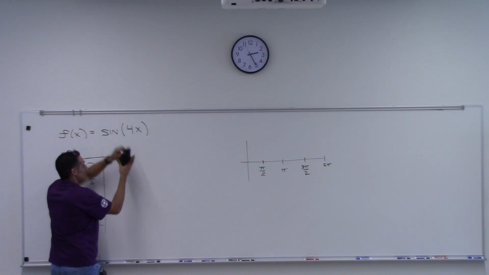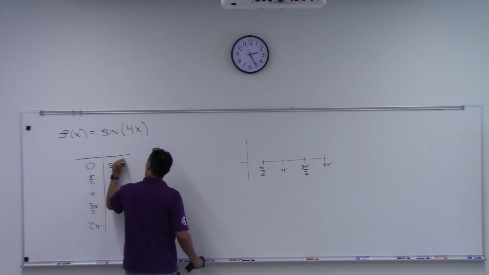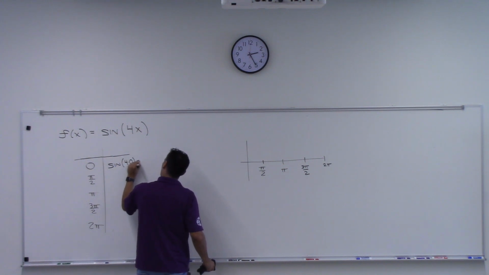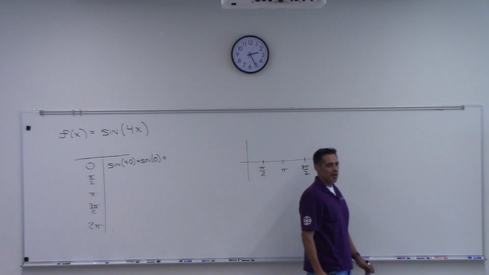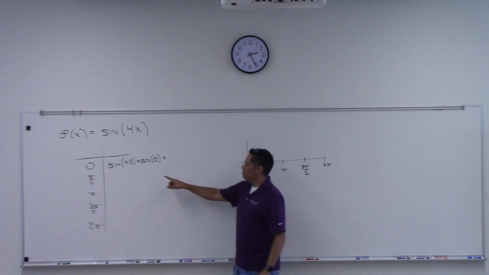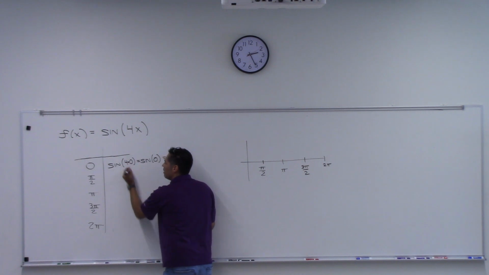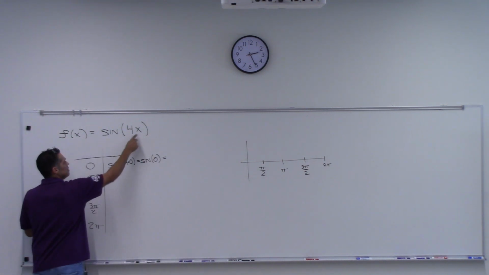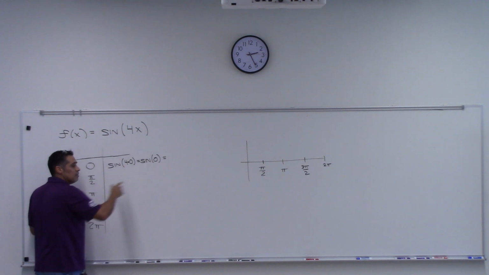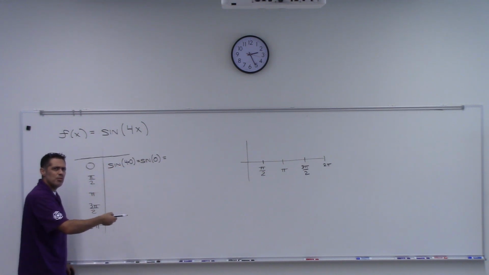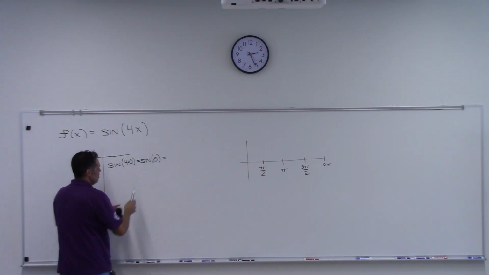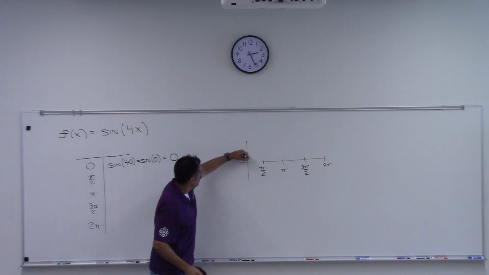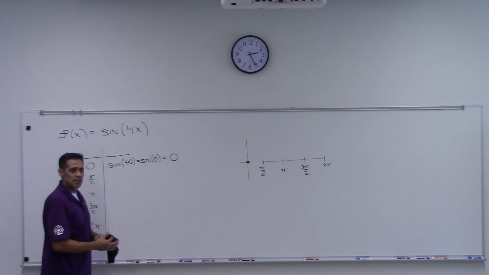And then what is sine of 0? 0, right? All I'm doing is plugging 0 in for x. 4 times 0 is 0, sine of 0. Okay, what sine is which coordinate? Y coordinate. Y coordinate at angle 0, which is 0. All right, so far, that's what the other sine functions have looked like, right?